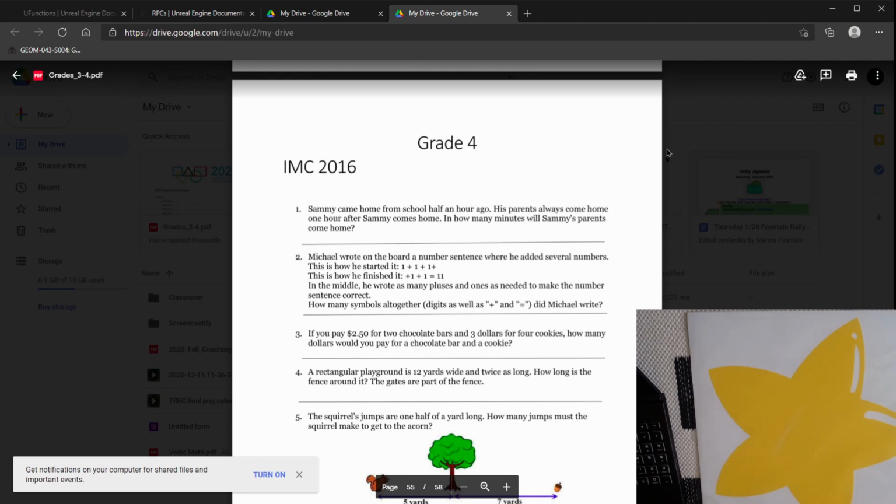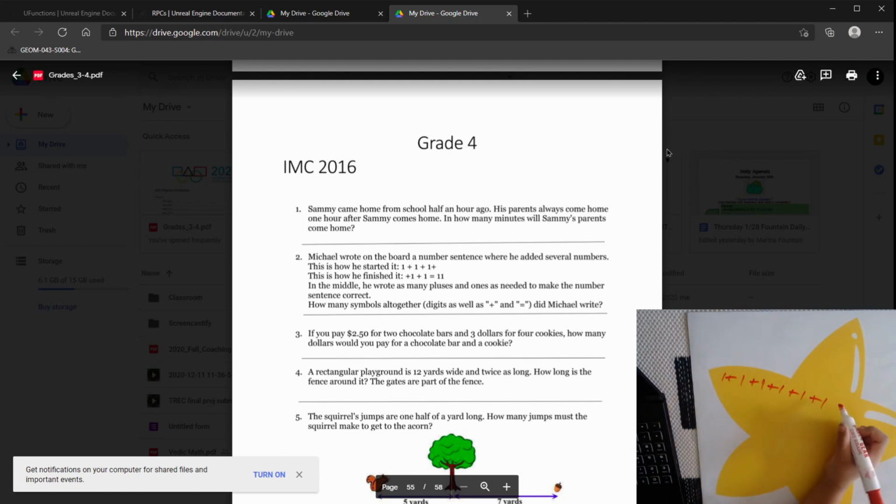Okay, so I'm just going to write this equation that he wrote. Don't do this in the exam because I'll show you a trick too. So I'm just going to write 1 plus 1 plus 1 plus 1.